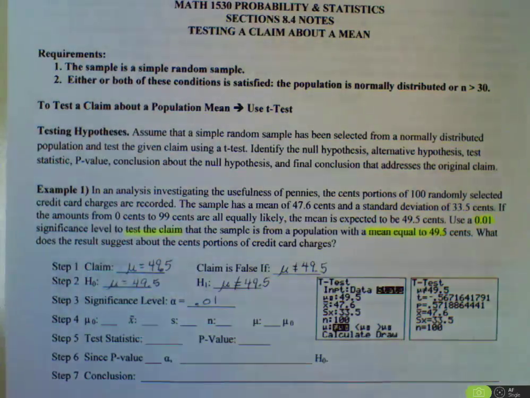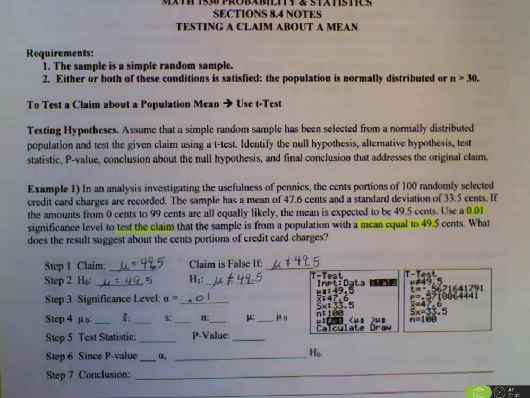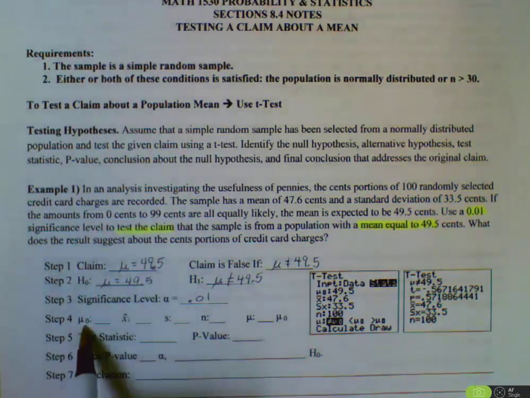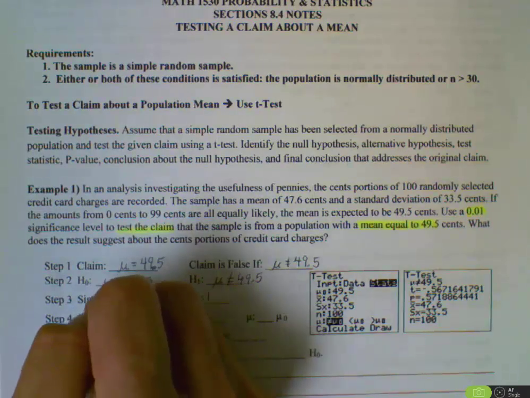And then we need to extract the other values that we're going to enter on the calculator. Just like p sub 0 was the proportion stated in the claim in section 8.3, mu sub 0 is going to be the mean stated in the claim. So the mean stated in the claim is 49.5.